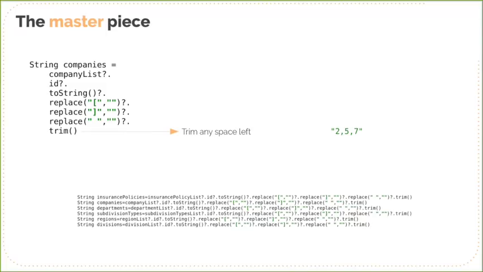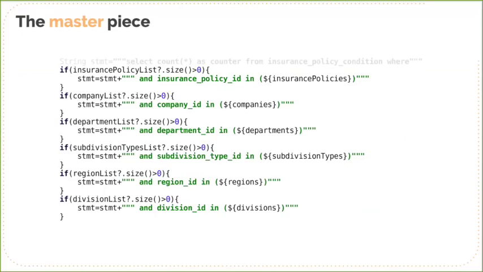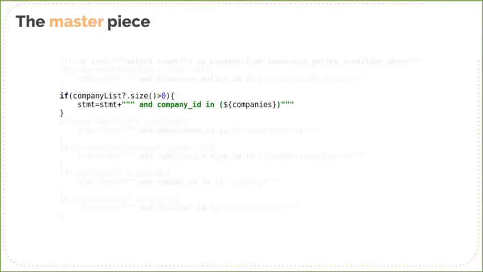So after this, we continue with the code. We have this statement, select count star as counter from insurance policy condition where. We are using a multi-line string because who knows? And then again, 6 times the same pattern in the code. So let's explain this for the companies. Remember, this company list is from the method signature, a list of domain objects.